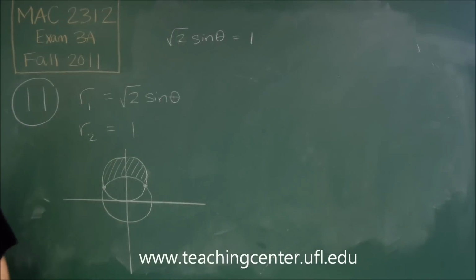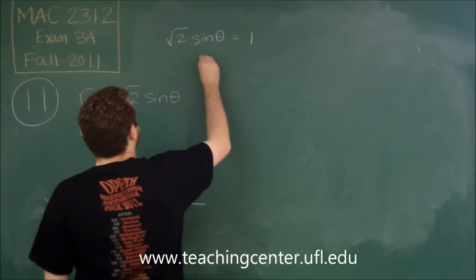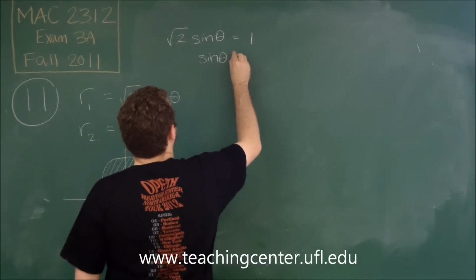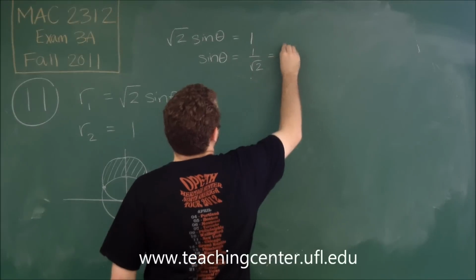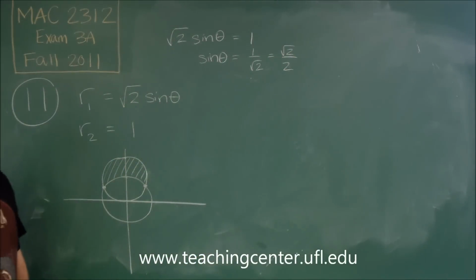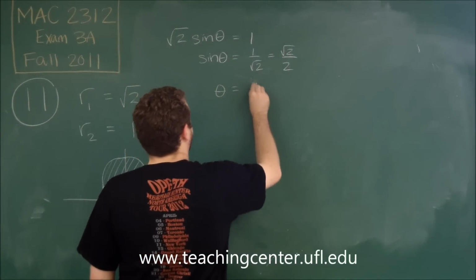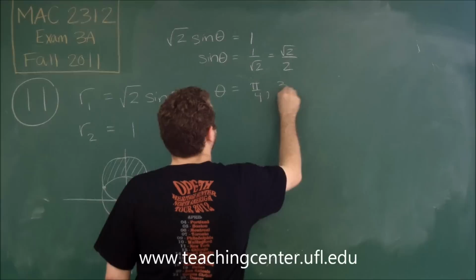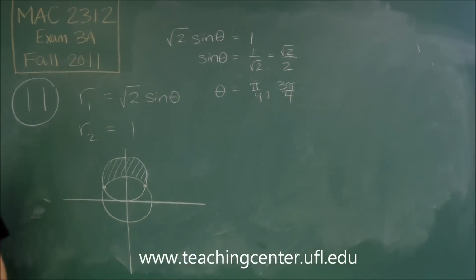Where do these r's equal? Well, that happens when sine theta is equal to 1 over square root of 2, in other words, square root of 2 over 2. And where sine theta equals square root of 2 over 2, that is when theta is equal to pi over 4, or 3 pi over 4.